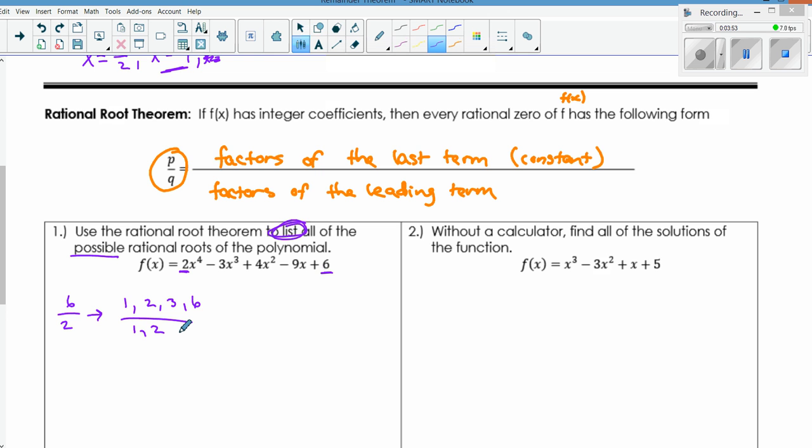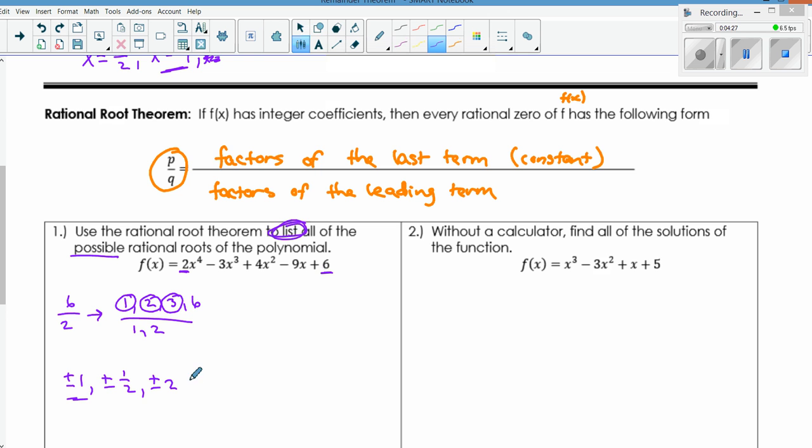Okay? So this means that I can look at, this is a big fraction, so like if I look at this 1 right here, and I have 1 over 1, that means that one of my possible roots is going to be plus or minus 1. 1 over, and then I have 1 over 2, so plus or minus 1/2. And then if I skip now to the 2, I have plus or minus 2. And then I also have plus or minus 2 over 2, which is just 1, and I've already listed it here.